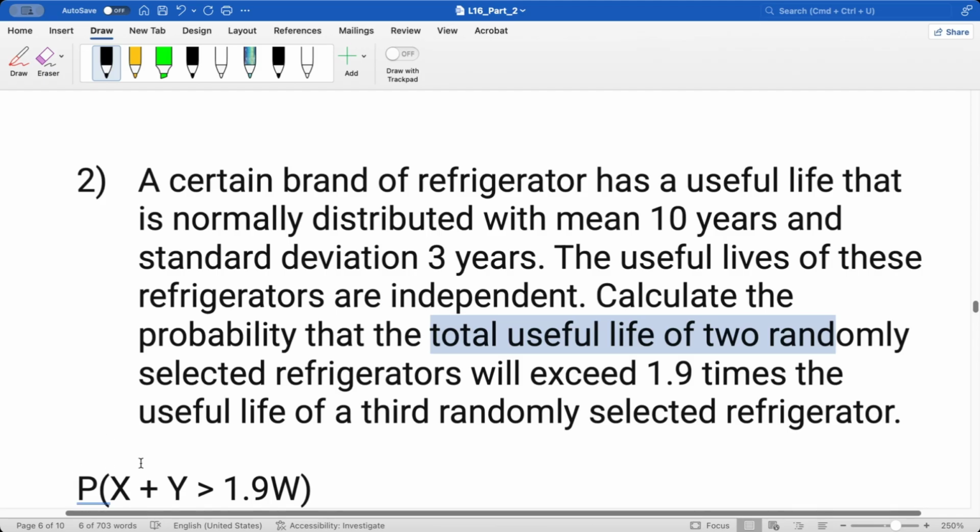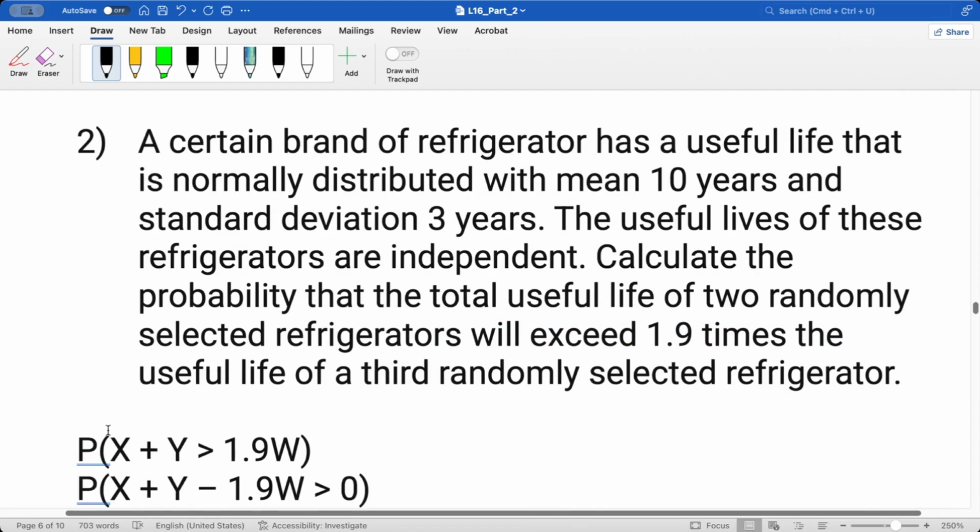So using x and y for the first two and w for the third, we want the probability that x plus y is greater than 1.9 w, which is equivalent to, if we subtract 1.9 w, x plus y minus 1.9 w is greater than 0.